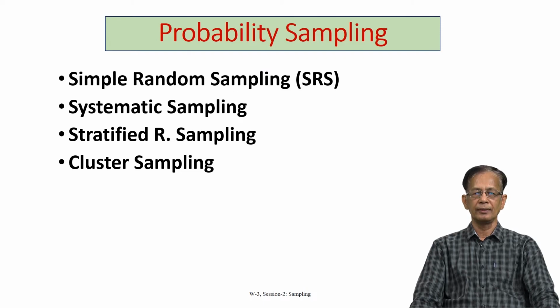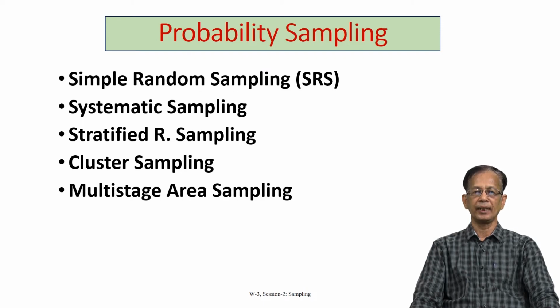So, the last one is multi-stage area sampling. Area means geographical area. If we are to conduct a survey or research comprising a huge geographical area, what you can do is divide the geographical area stage by stage. Say for example, if we are to have a quick survey on the literacy rate of different states of India, possibly we can first divide the entire country into states, stage 1, and select a few states.